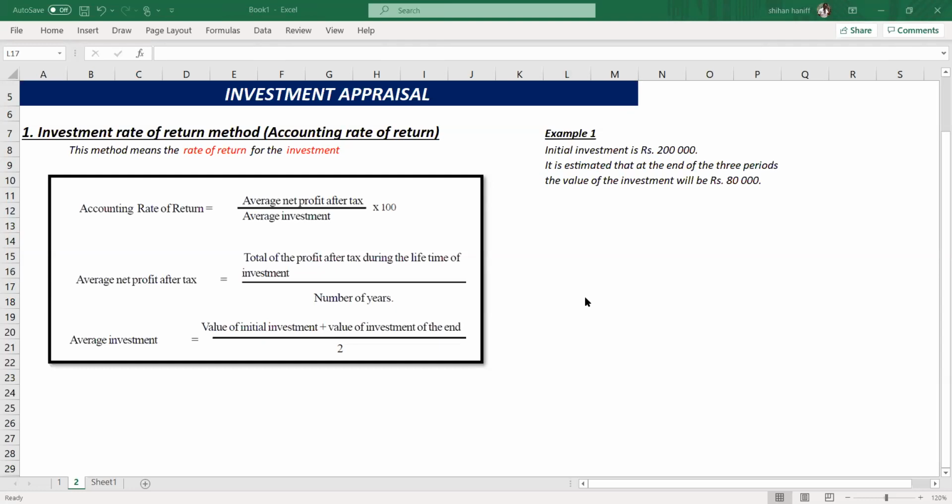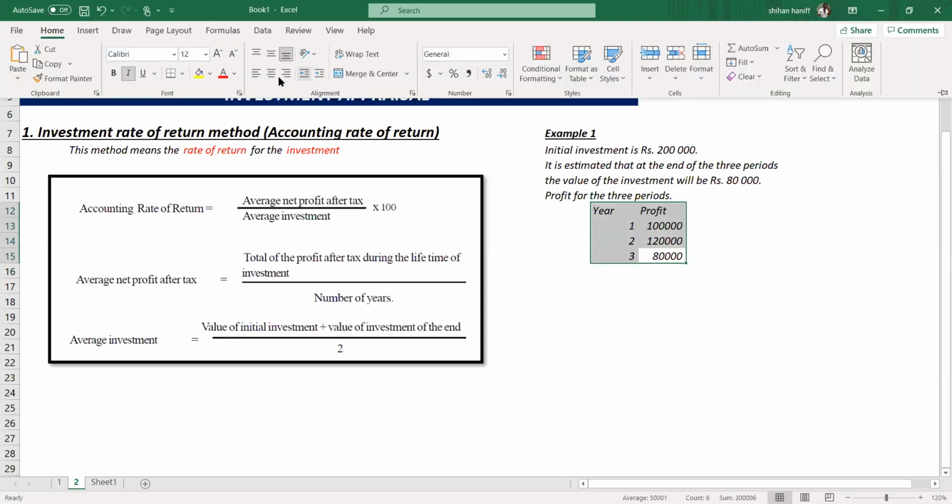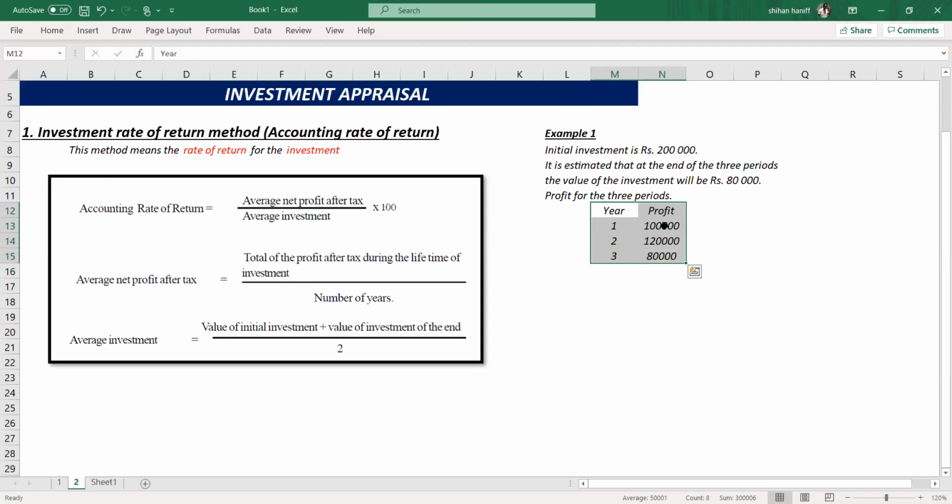And they have given the profit for the 3 periods: 1, 2, 3: 100,000, 120,000, 8,000. Right.